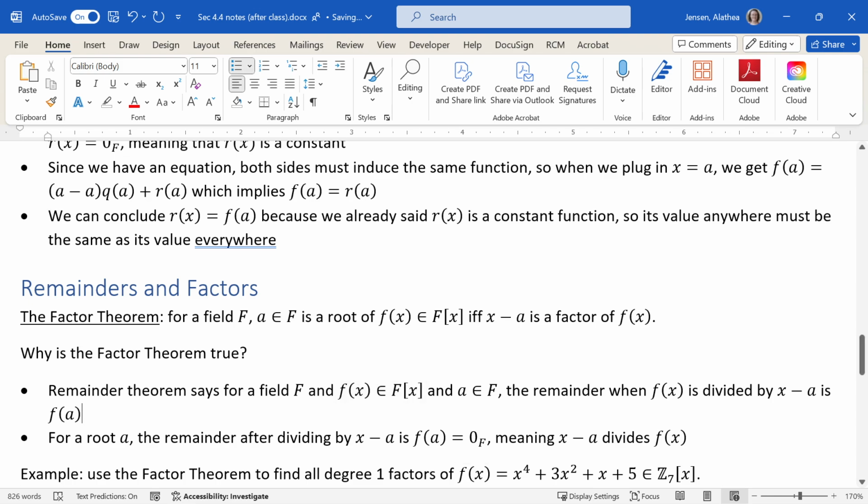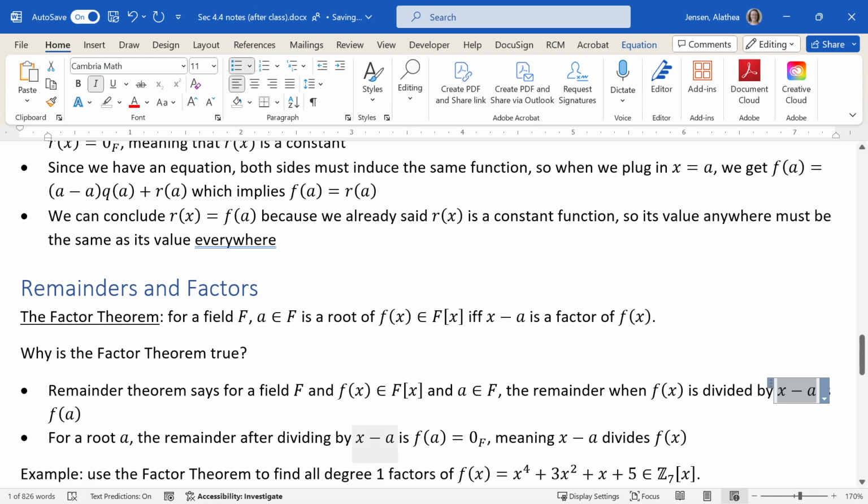But remember, we have the remainder theorem that says, when we have a field and the polynomial ring over that field, if we take the remainder when f of x is divided by x minus a, that needs to be equal to f of a. So if a is a root, then that remainder, f of a, is going to be 0, which would imply that x minus a exactly divides f of x.